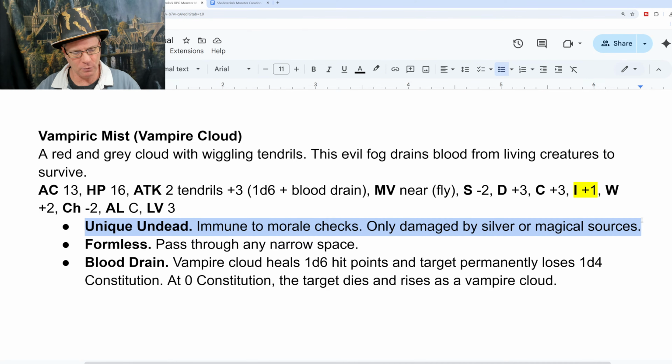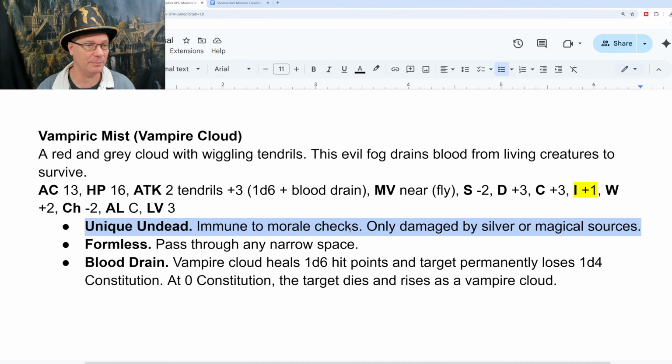And one of the things you'll notice is the vampire is listed as being a supreme undead, so immune to morale checks. This is the one feature where immune to morale checks may not be suitable. It might well be that a Vampiric Mist should be afraid of potentially being destroyed.